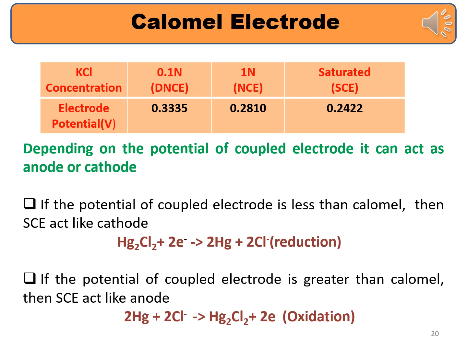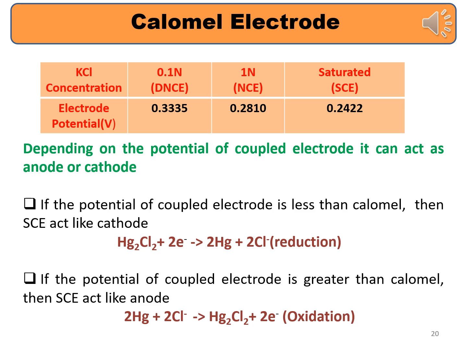The potential of the calomel electrode varies with the concentration of KCl solution, and it is given in the table here. We can see that if we use a decinormal solution of KCl, that is 0.1, the calomel electrode has a potential of 0.3335 volt.